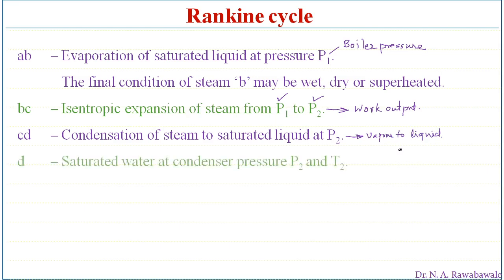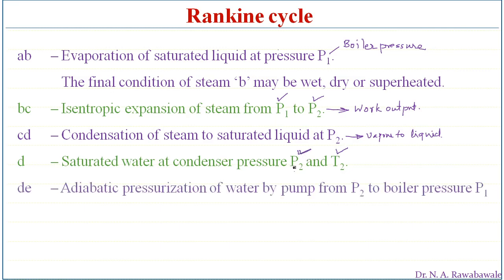Then afterwards at point D, the liquid which is condensed, or we call it a condensate, saturated water at condenser pressure P2 and temperature T2, is available. So when steam is condensed, it gets converted into liquid, we call it a condensate, and the temperature of that condensate is T2 and pressure is P2, which is condenser pressure.